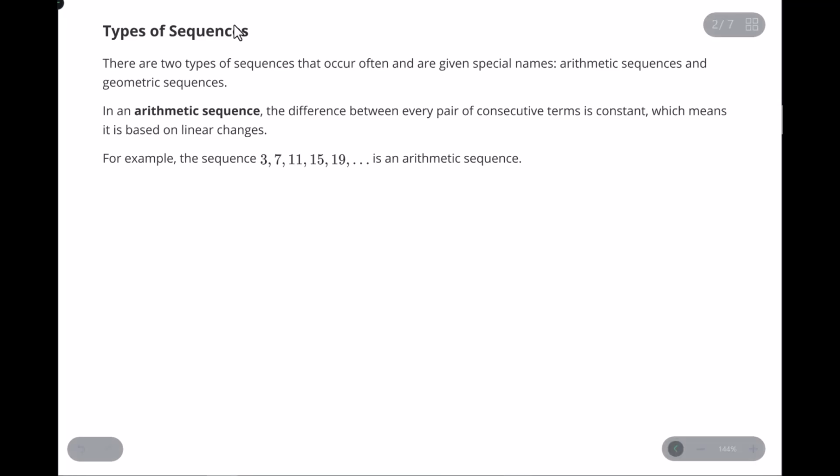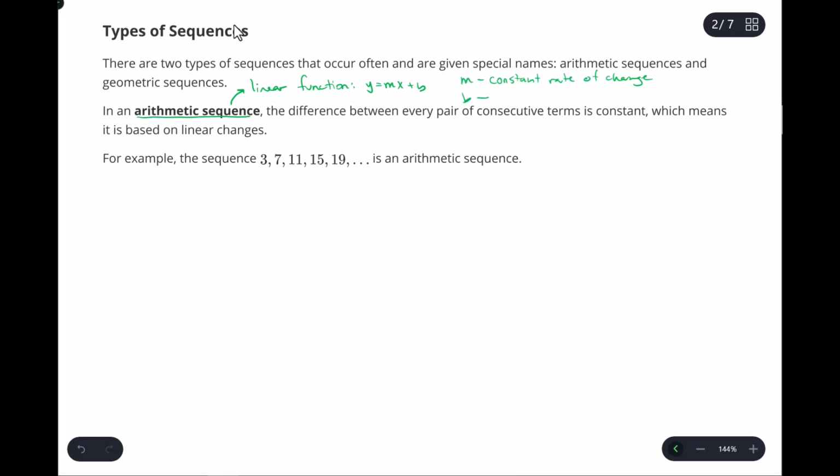Because it's a linear function, you can express it as y equals mx plus b, where m is that constant rate of change. Of course, that's our slope.